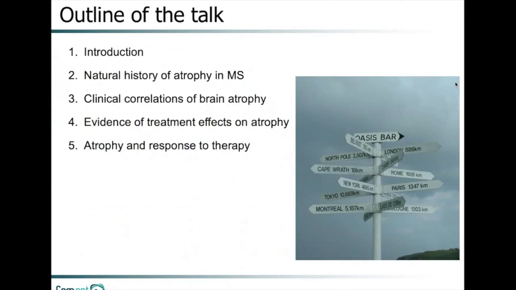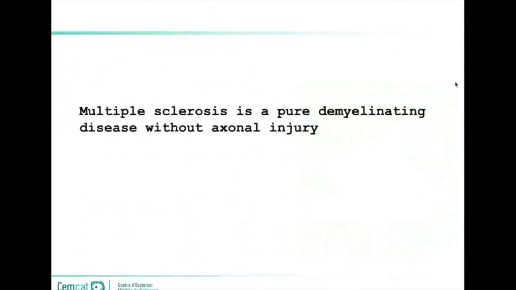So, a brief introduction. I'm going to write in full some sentences that we were taught at medical school or even at the beginning of our residency, and see how this has changed in recent years. We were taught that multiple sclerosis is a pure demyelinating disease without axonal injury, and the main pathological hallmark was these sclerotic plaques, mostly periventricular, and that outside these areas, everything was fine.